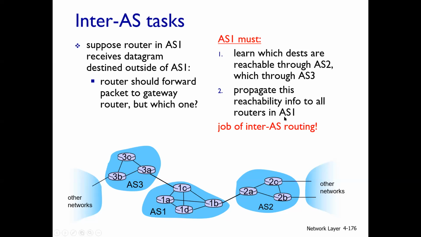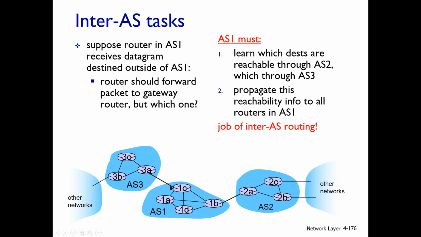Okay. So the task of the inter-autonomous system routing protocols is very interesting, because suppose a router in AS1 receives a datagram which is destined for some outside destination. So to get to the outside destination, you've got to go through the border gateway router.